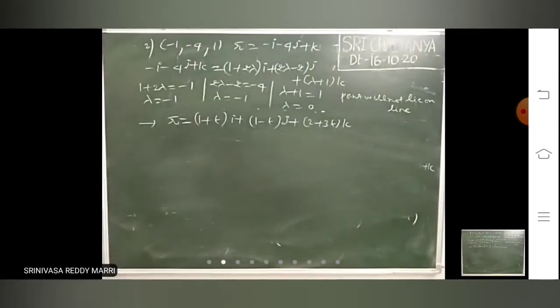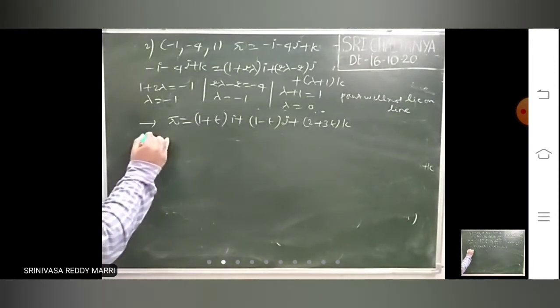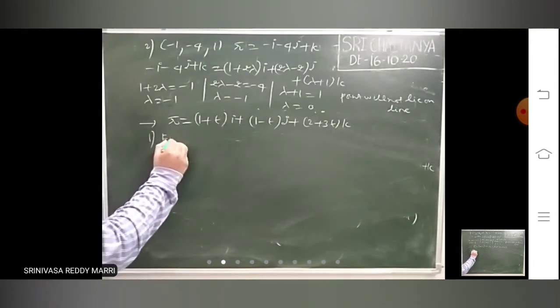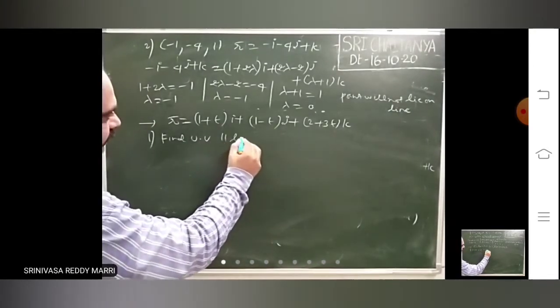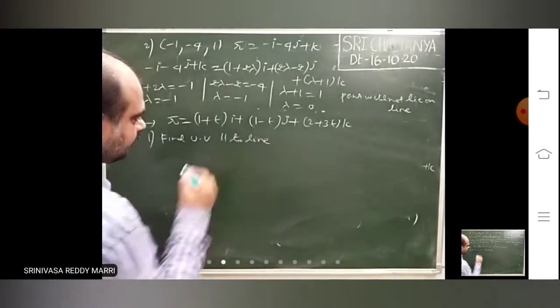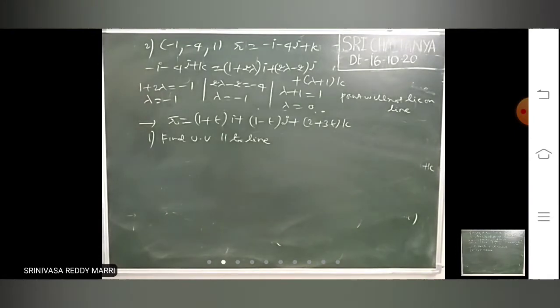Where the line is given like this, the first question is to find a unit vector parallel to the line.